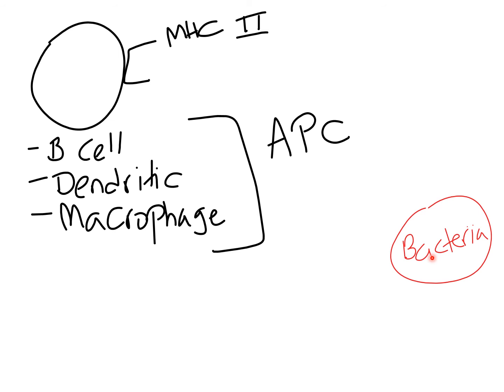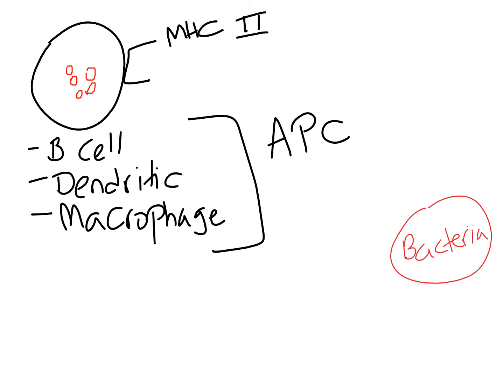After it engulfs that bacteria, it's going to start chopping it up inside of itself. So let's say this macrophage was able to engulf it. Once it does, it's going to start breaking down the bacteria into little pieces because it's able to digest it inside of it.